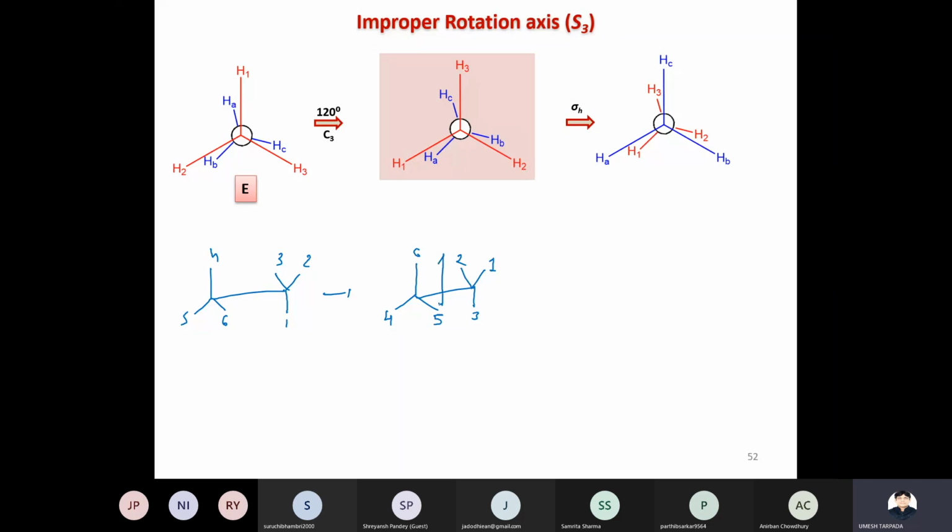And then if you take this plane, mirror plane, so you are getting this type of mirror image. Now you can compare this structure with first one. Are these two equivalent or are they non-equivalent?